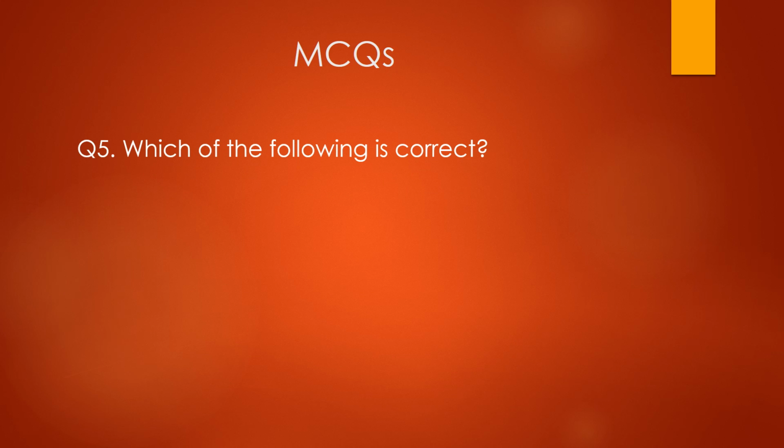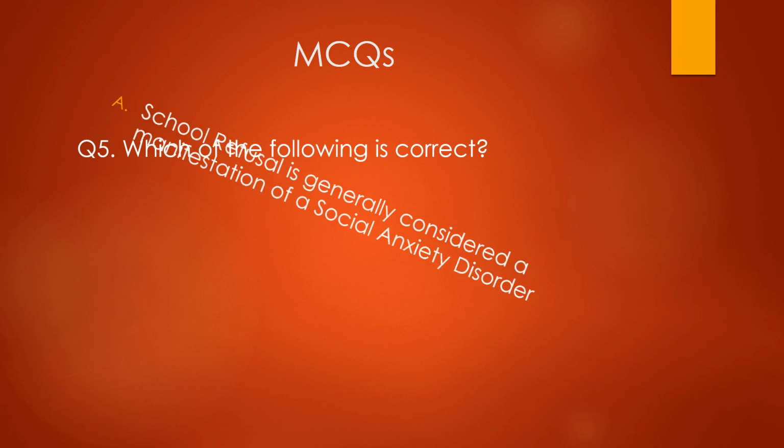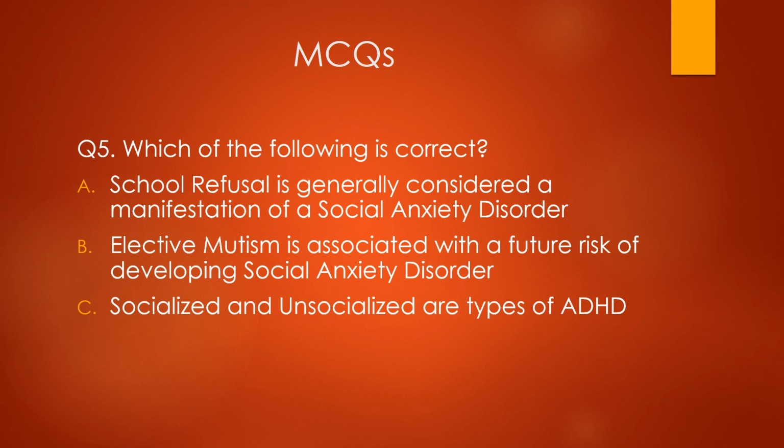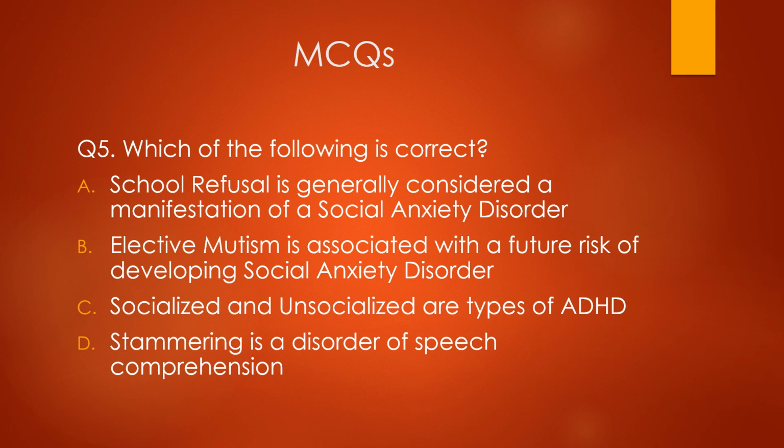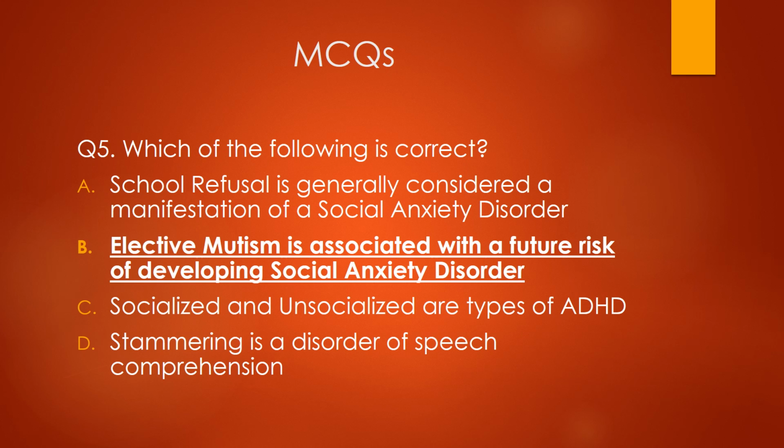The final question: which of the following is correct? You can pause if you wish and select your option, and the correct answer is B. Elective mutism is associated with the future risk of developing social anxiety disorder.